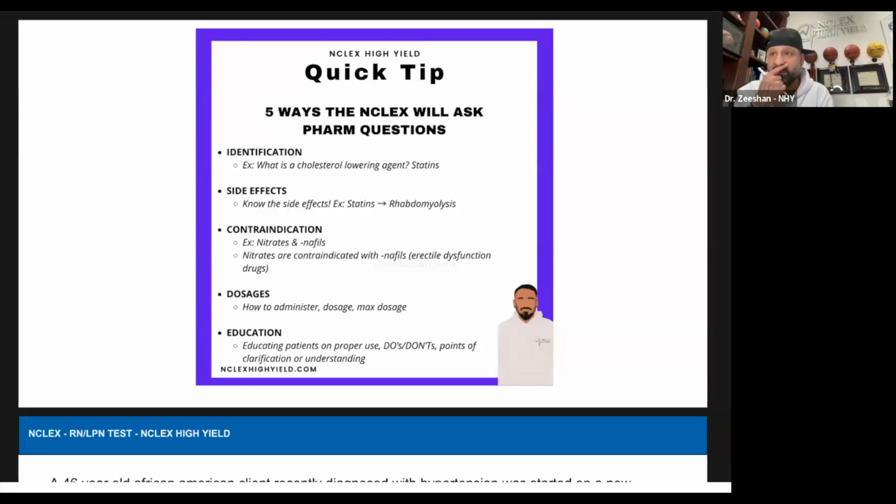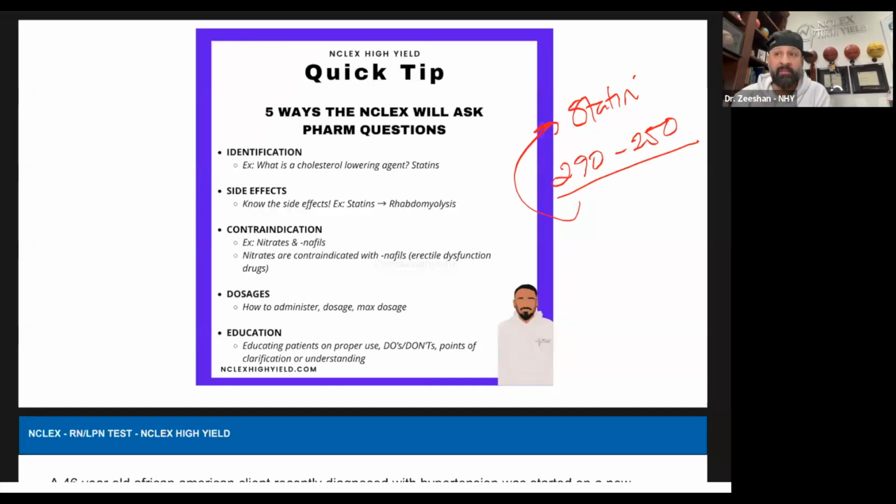But with dosages, what they're going to do is they're going to say, well, this person was started on a statin. I'll give you an example just using statin. They were starting a statin. Their cholesterol went from 290 to 250. Is the statin working?